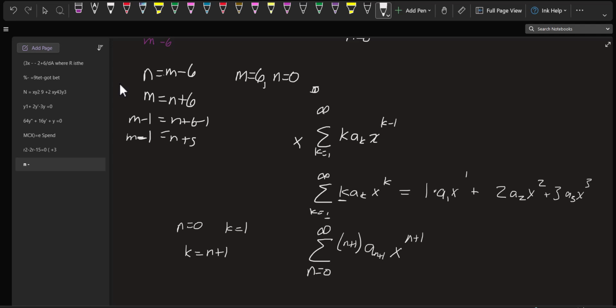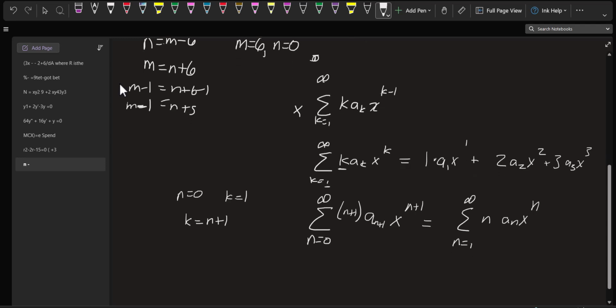Okay, now notice that this series is the same as saying, rather than starting at 0 and having n plus 1, why don't I start at 1? And then I would have n a_n x to the n. Okay, so that works out just fine, but I need my series both to start at 0.